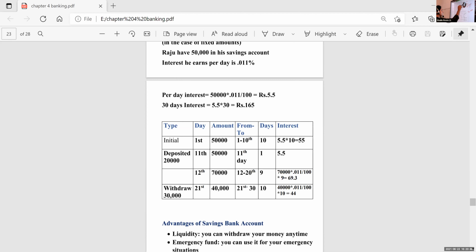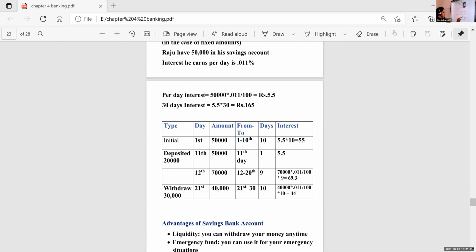Now coming to the 12th day. Keep it in mind, the 12th day is there, and on the 21st day, I am withdrawing 30,000. 21st day means how many days? From the 12th to the 21st, we have 9 days.